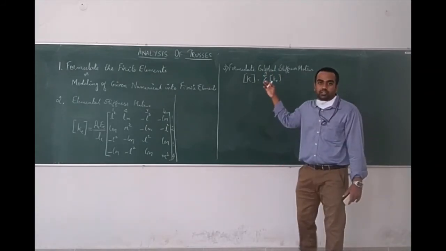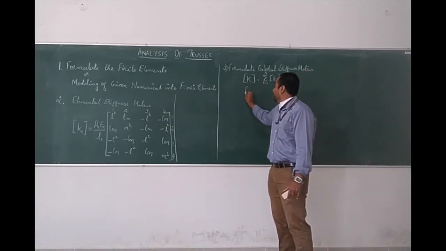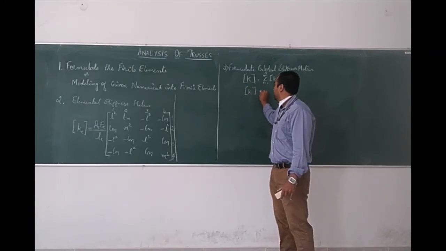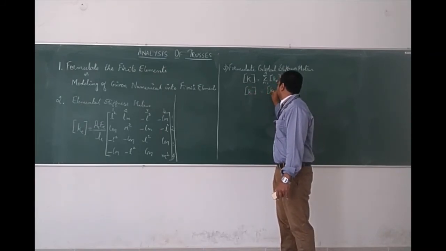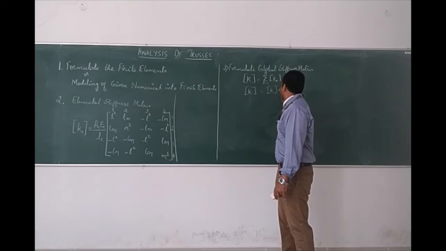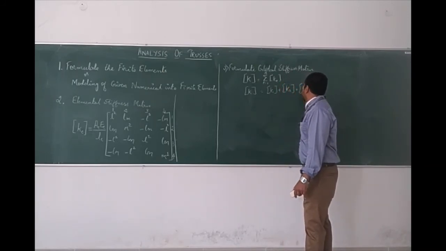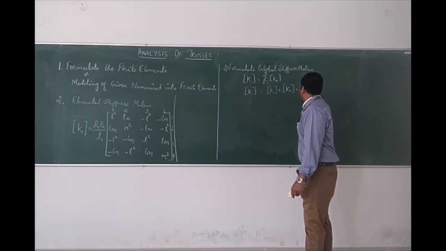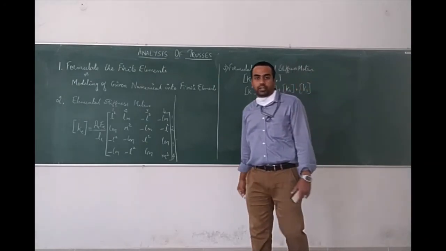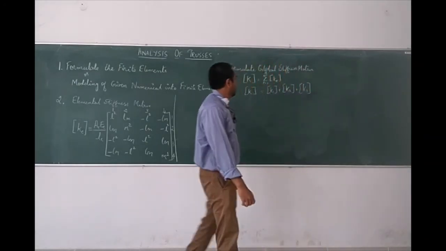So suppose you have only 3 elements, capital K will be equal to small K1 plus small K2 plus small K3.